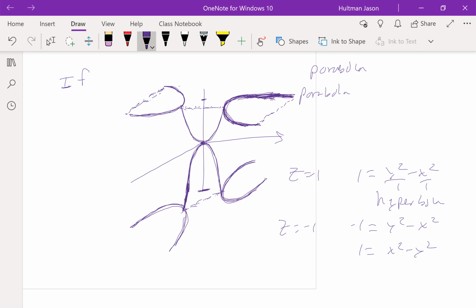I'm going to try to not screw this up too badly, but I'm going to draw a line down here. So far so good. This one's going to be a little harder.